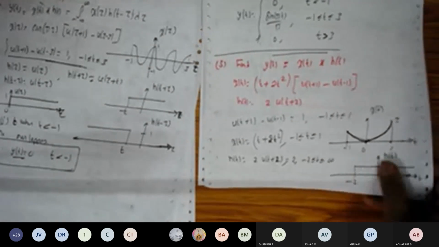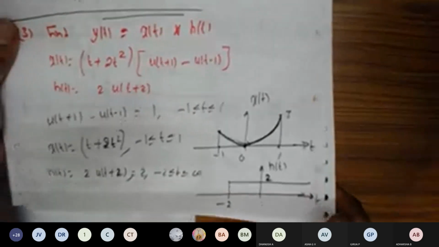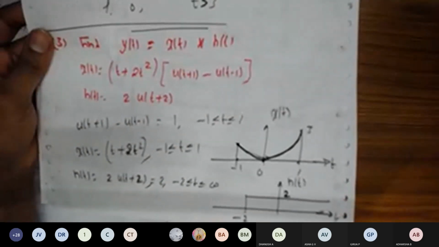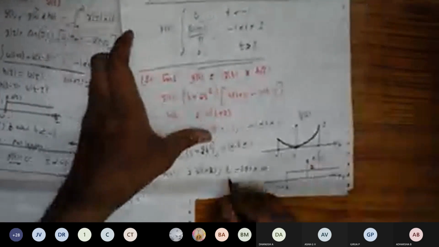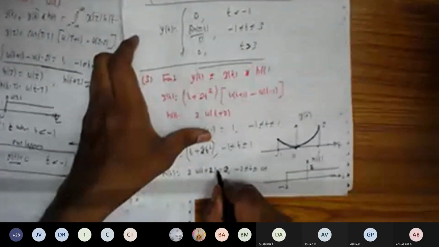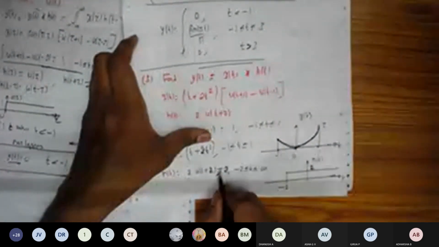Got it, right? You can see these waveforms.